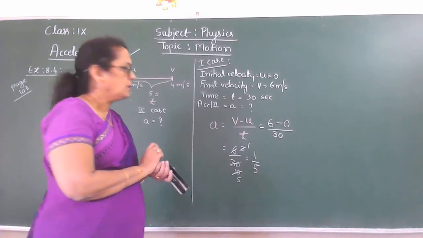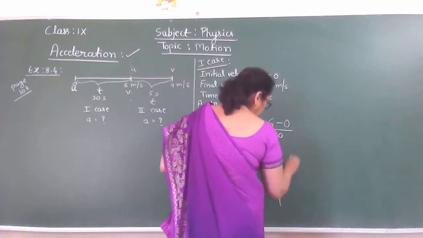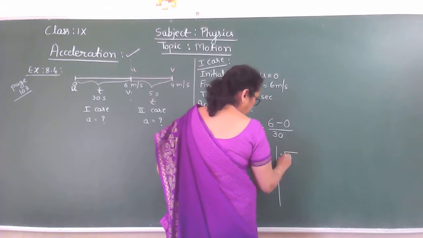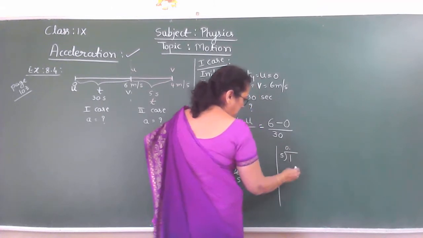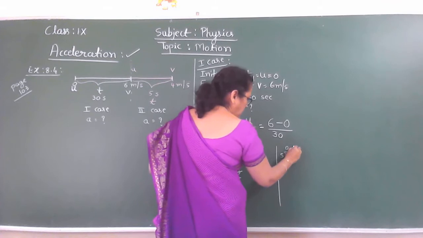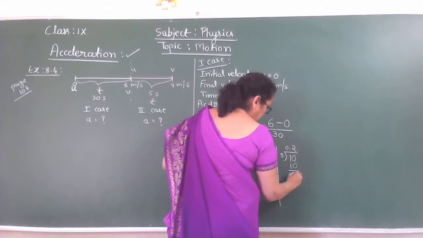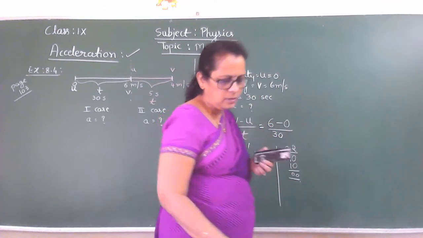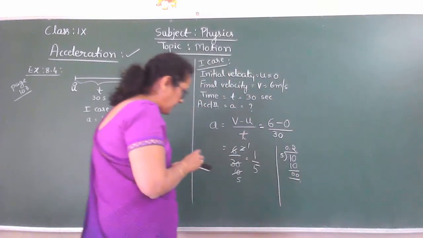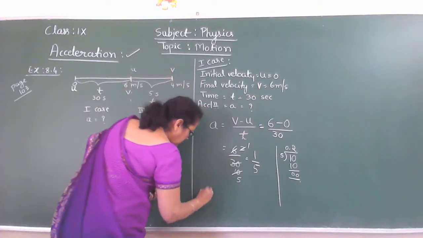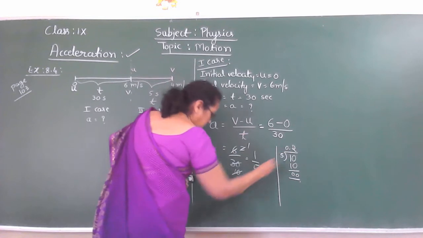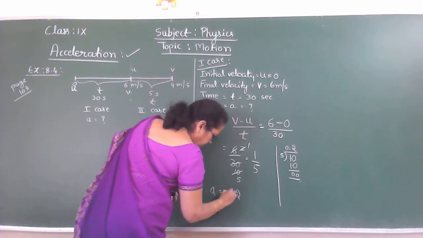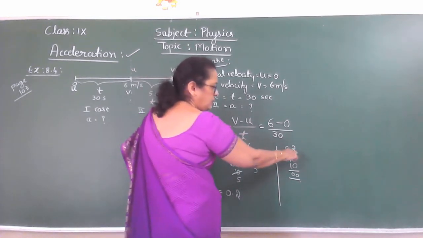Divide 1 by 5, give a decimal point and take 0. 5 twos are 10. So the answer is 0.2.